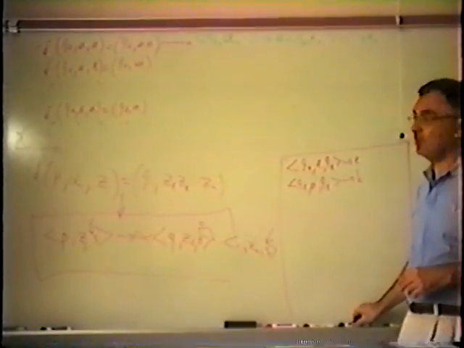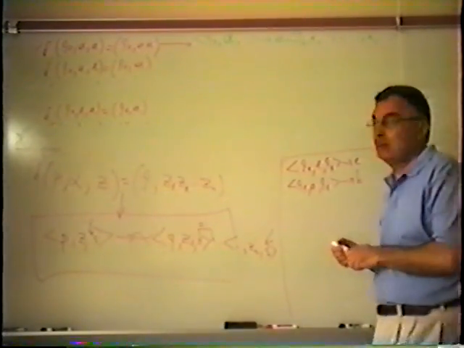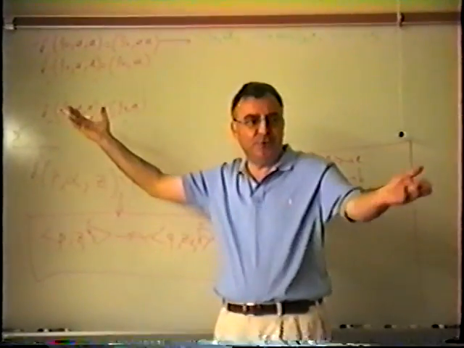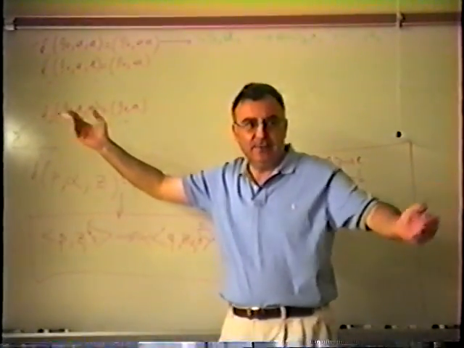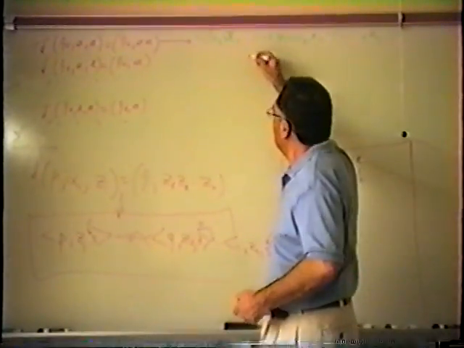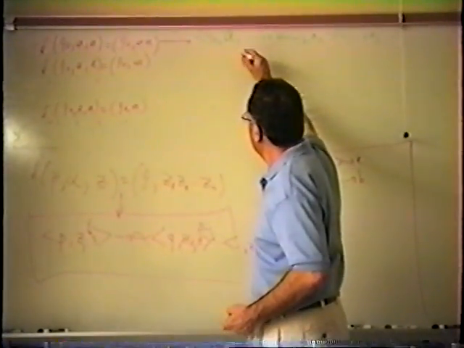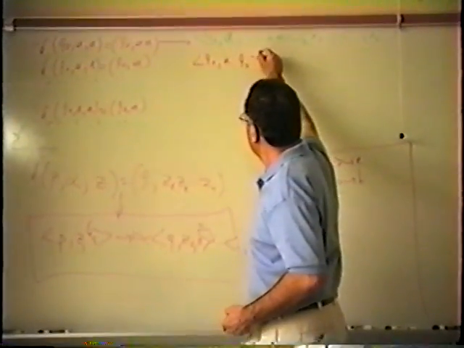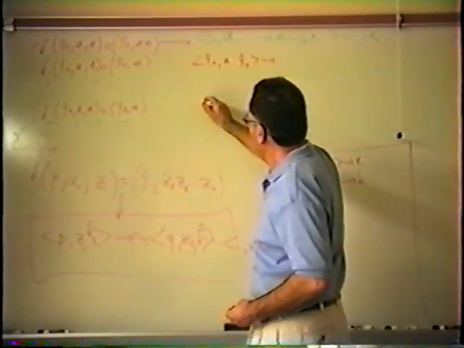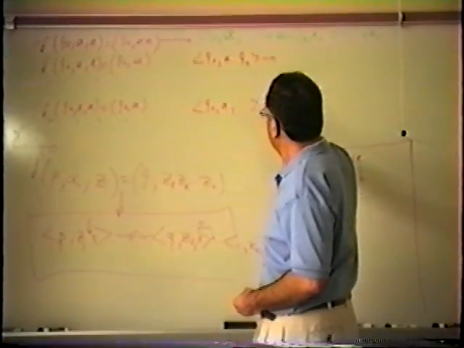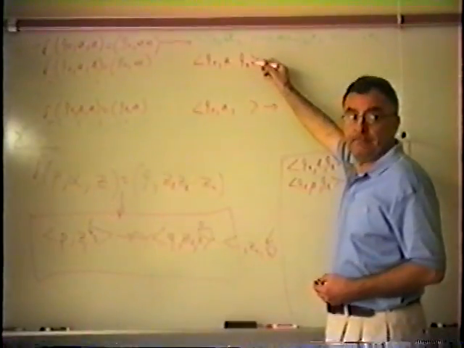Now, how many rules can I produce using this template? All right, here. Well, how many states do I have here? Q0, Q1, two states only. So I can put Q0 here, or I can put Q1. Let's start with Q0. Or I can put Q1. Right?